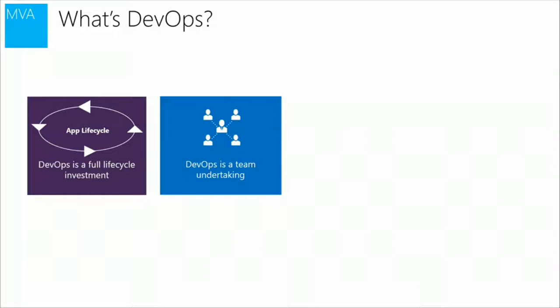The second piece to have a look at is that DevOps really is a team undertaking. We speak around three personas: the business, the developers, and the IT professionals. Within each of those three personas, there are teams, whether it be operations having a variety of support members, whether it be developers with different development teams working on certain feature sets in an application, or whether it be the business with different stakeholders who are involved in different areas of an application or applications.